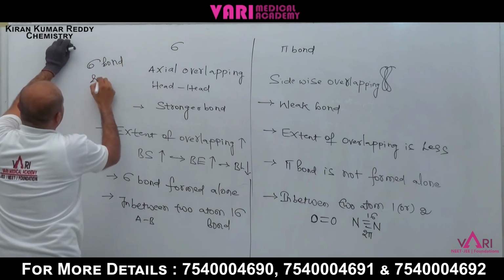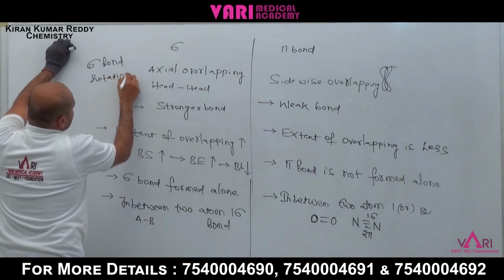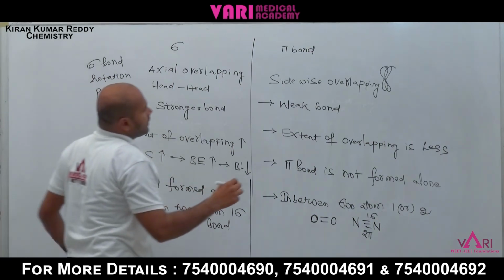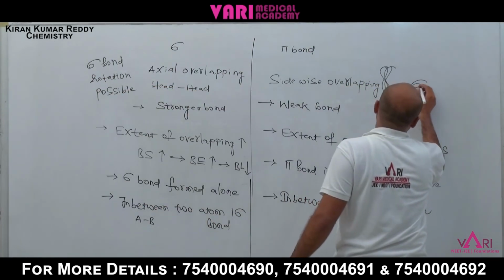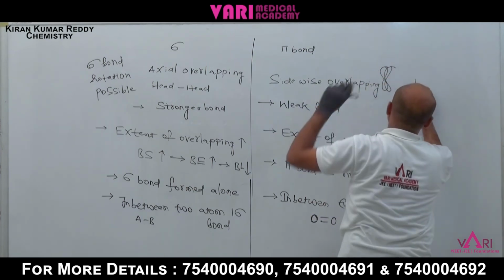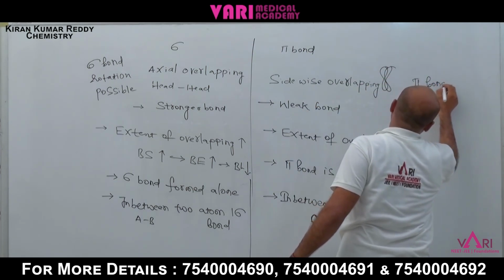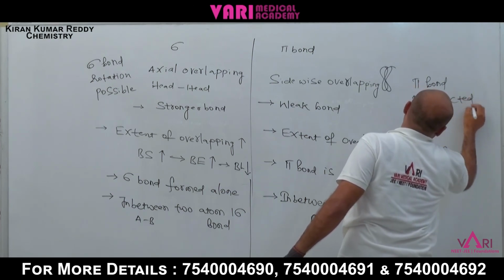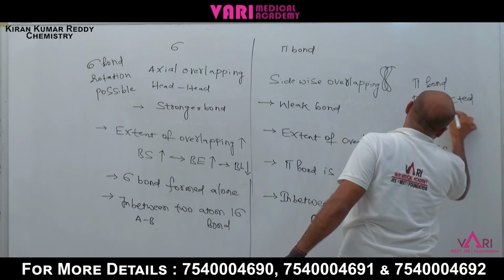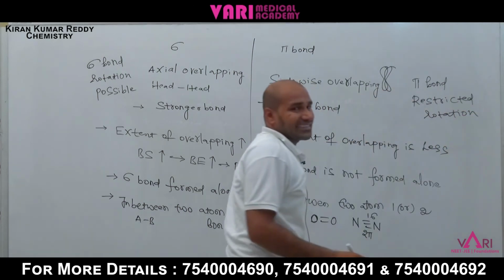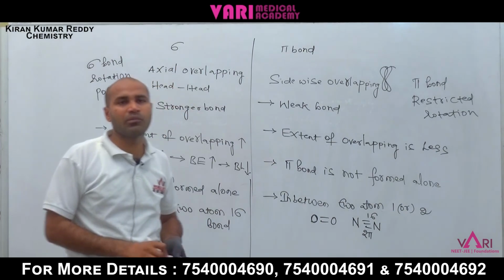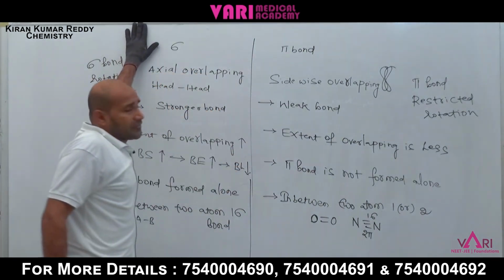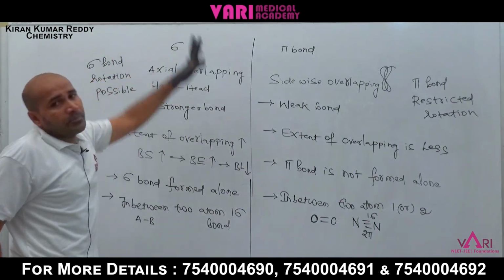Pi bond has restricted rotation, because double bond and triple bond are not rotated. These are the differences between sigma and pi bonds.